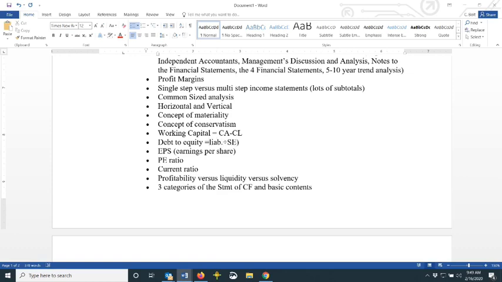You may have to show that you can do that one. Earnings per share, I'll try to take the most basic example. It's net income divided by number of shares outstanding. The PE ratio is the market value of the stock divided by earnings per share. And the current ratio is current assets minus current liabilities.